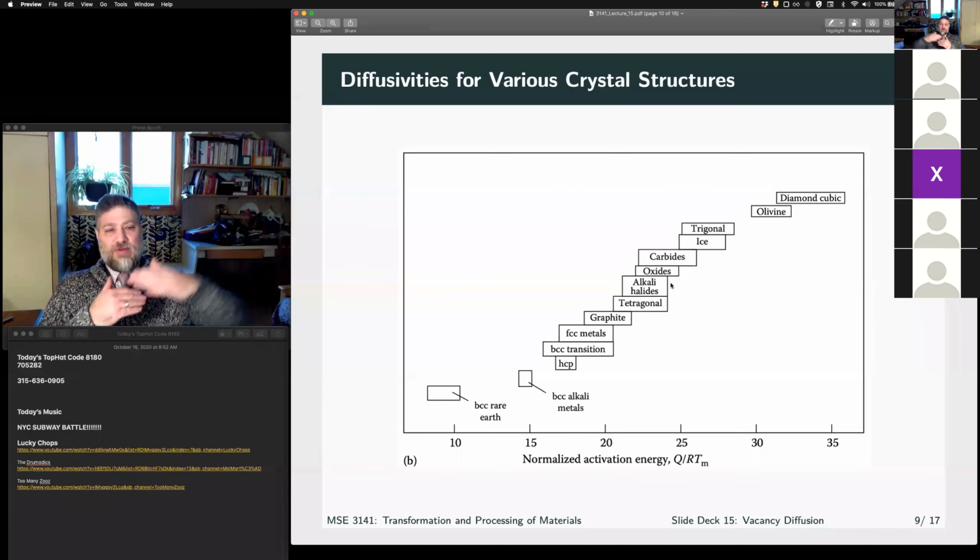You have to grow from the metal out. Carbides, trigonal ice, olivine is an interesting geological material. But anyway, this just gives you the general trends that metals are going to have the lowest activation energy for diffusion, then ionic ceramics, and then strong covalent ceramics, right? Ice is a little interesting here.